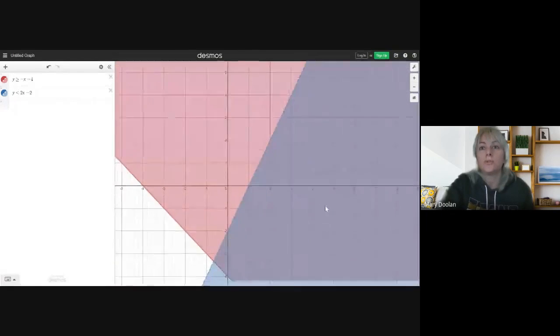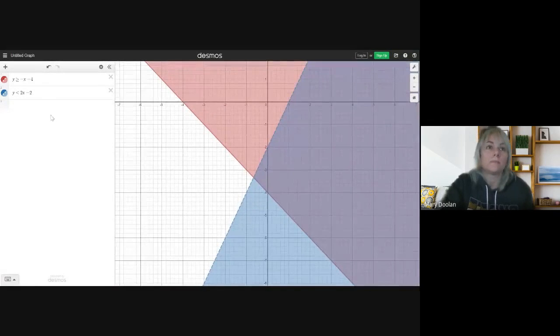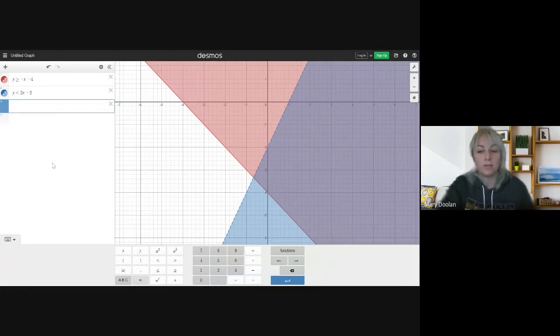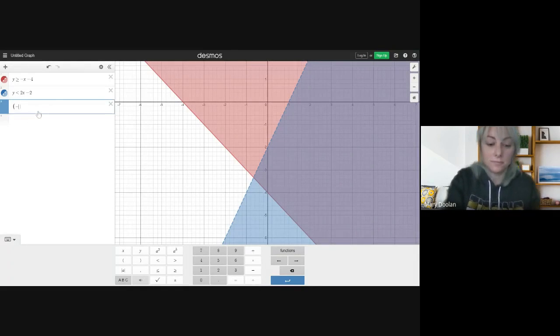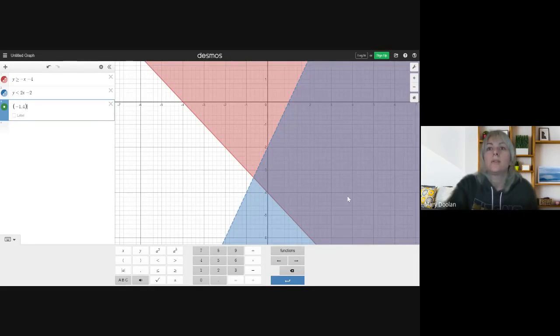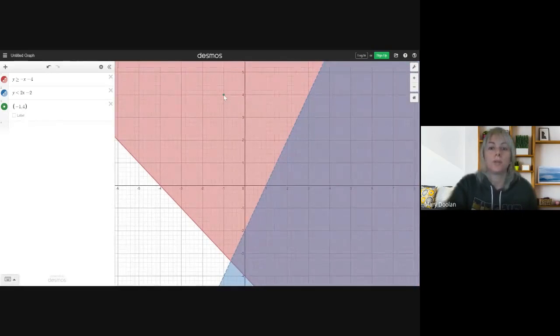Now, one thing you can do too is, say you don't remember exactly how to plot points. You can also type in an ordered pair and Desmos will plot it for you. So I'm going to do that for this problem. I'm going to type all of these in, (-1, 4), and see where it pops up. Okay, (-1, 4), it popped up right here.